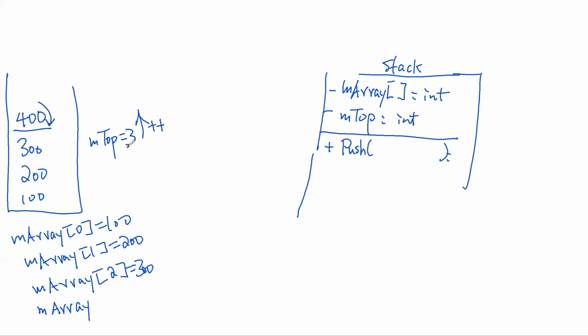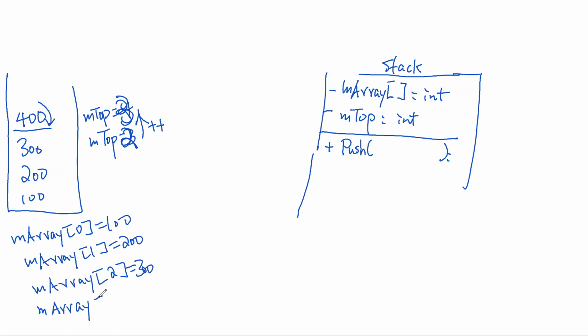So the top index updates to 4? Oh no, I got it wrong. This is 0, 1, 2, I'm sorry, so this should be 3. It's updated from 2 to 3. So that's one operation.